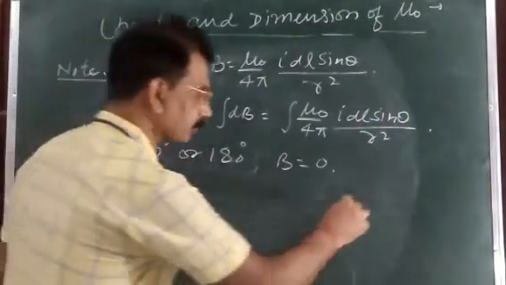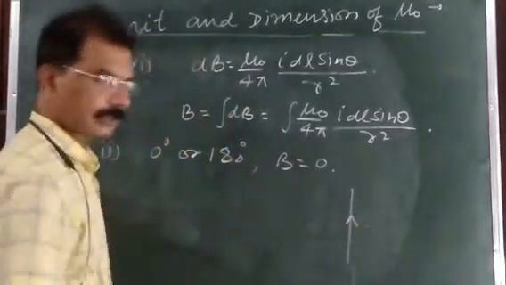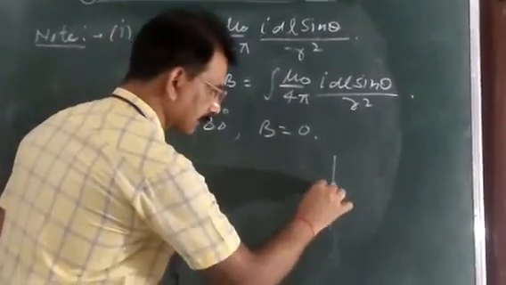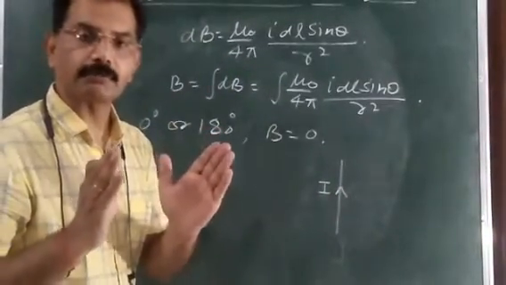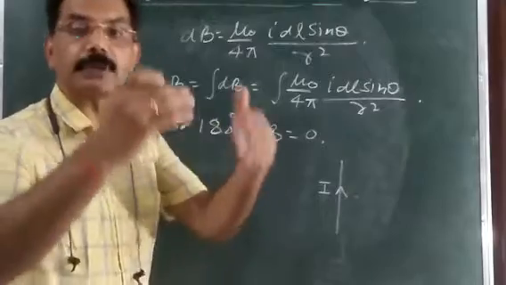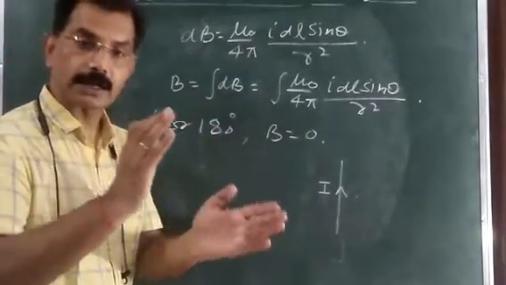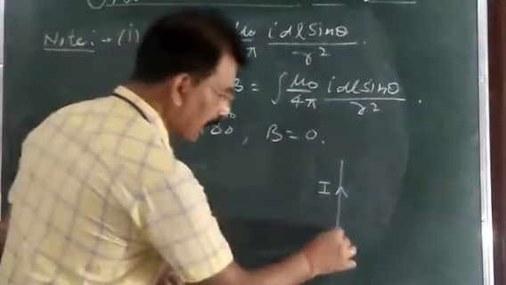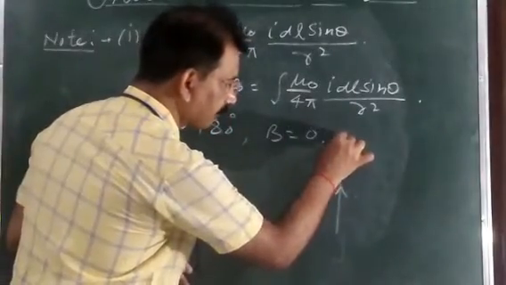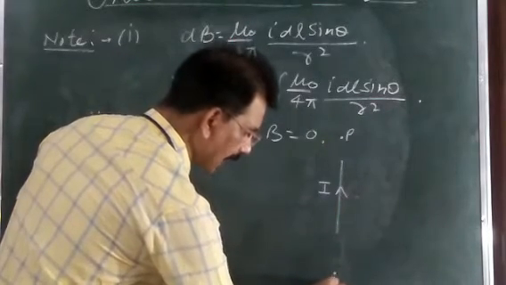For example, suppose this one is a current carrying conductor carrying a current I. And you know, Biot Savart law is applicable for any shape of the conductor. There is no restriction that Biot Savart law needs this particular shape. Suppose our aim is to find the magnetic field at this point P, and one more point here, P dash.